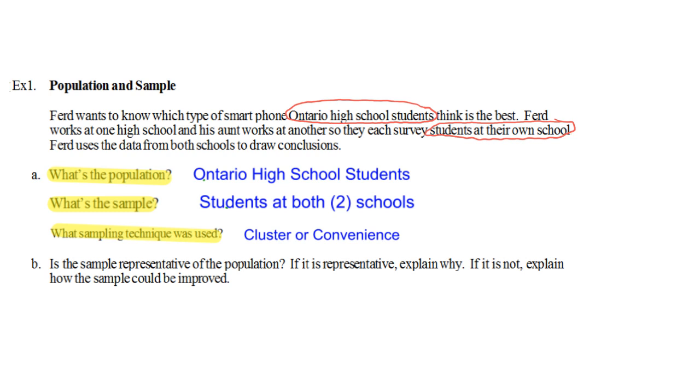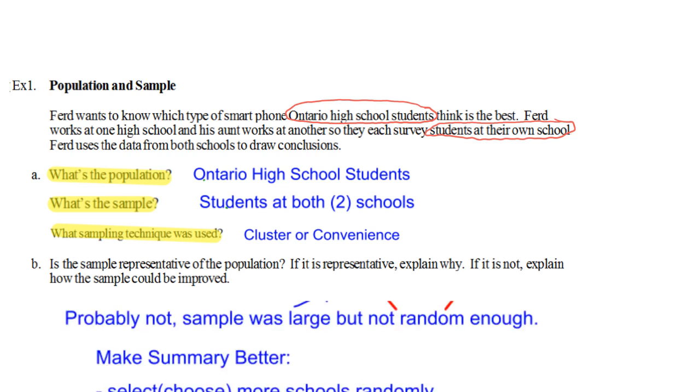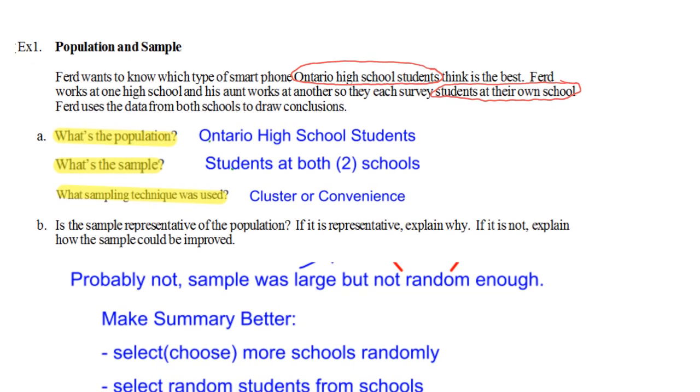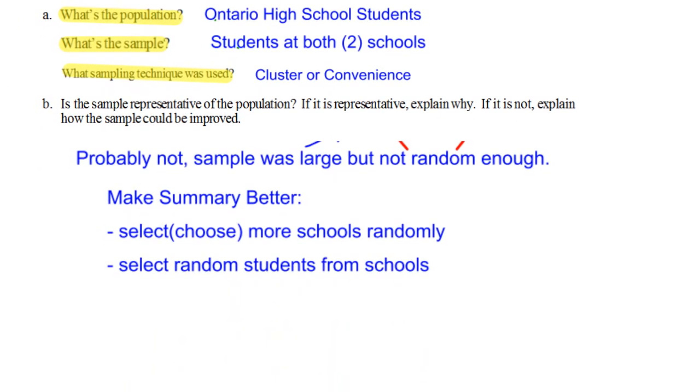Is this situation, this sample, representative of the overall population? I'm going to tell you that in this case, the sample was large, but not random enough, because we literally picked 2 schools and we need to get a bigger sample, right?